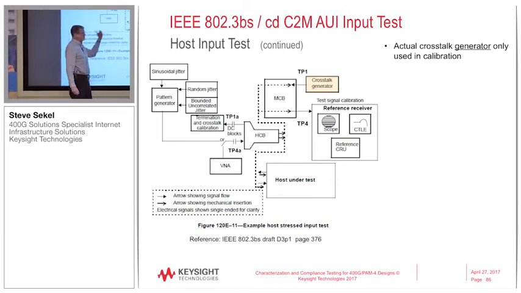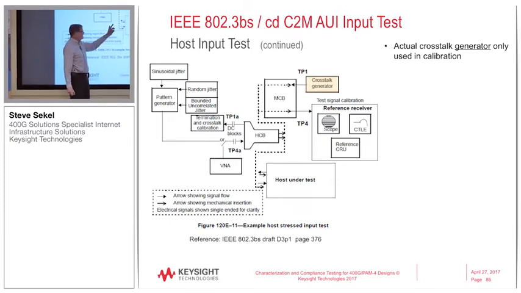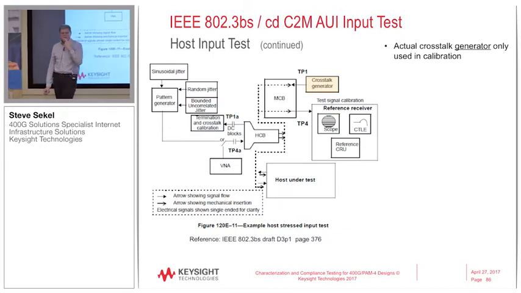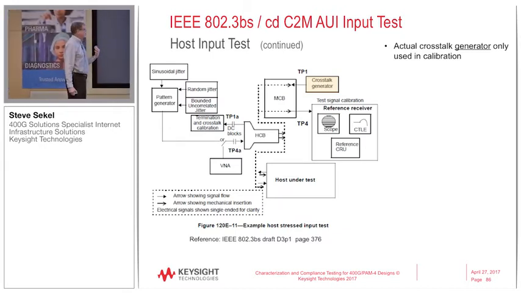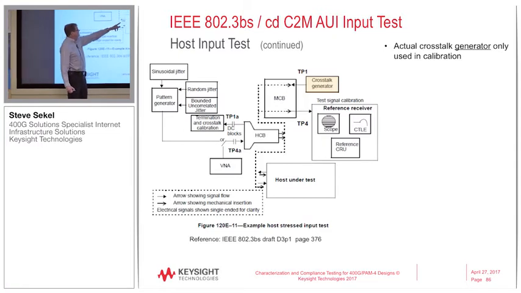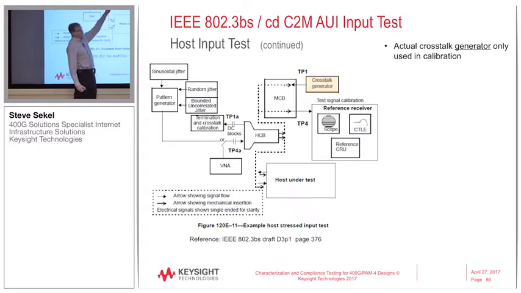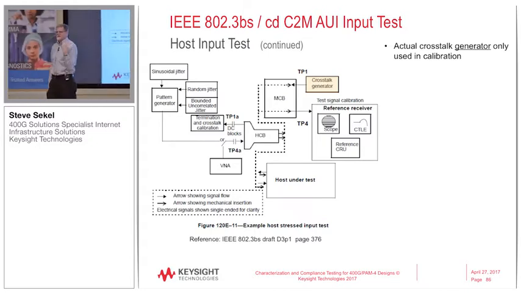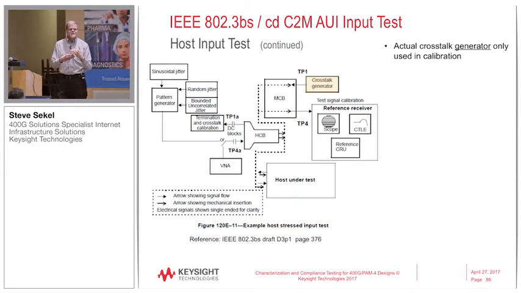So you have to have asynchronous data in the counter-opposing direction when you do the stressed eye test, and that transmitter output, because you're testing a receiver input, right? That output's going to go into that host compliance board, and there's going to be some coupling in that that's going to cause eye closure.